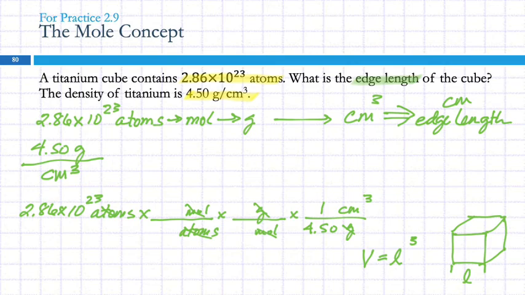Moles and atoms. It's Avogadro's number, right? 6.022 times 10 to the 23rd atoms is equal to 1 mole. Grams to moles. Molar mass. Periodic table. Titanium. What's the symbol for titanium?